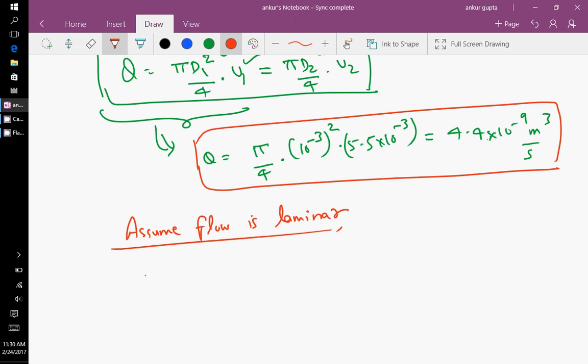And use Q is P in minus P out by R effective. Okay, so we know Q is 4.4 into 10 to the power minus 9 meter cube per second.